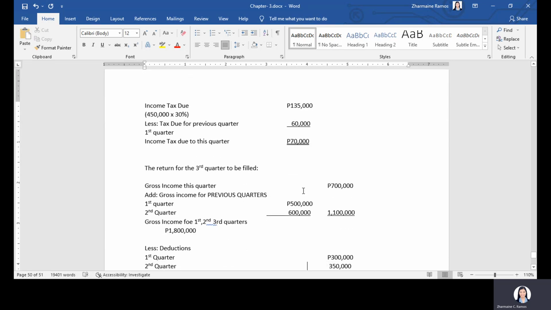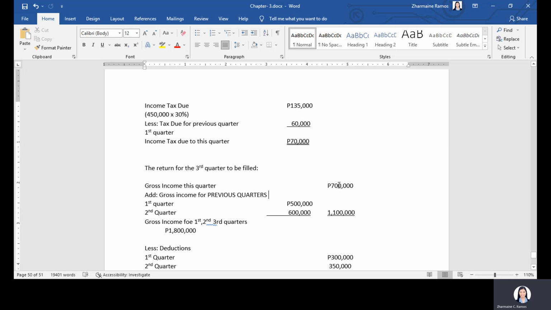So, for the third quarter, ang gross income mo is 700,000. Plus yung previous gross income mo ng first quarter and second quarter. So, 500 tsaka 600. So, ang total gross income mo for your first, second, and third quarter is 1.8 million. So, pansinin mo, cumulative siya.